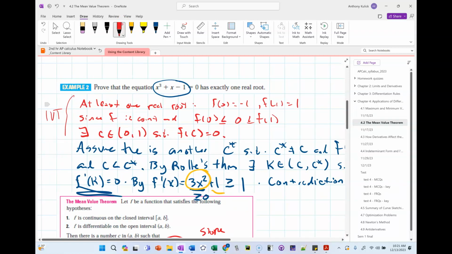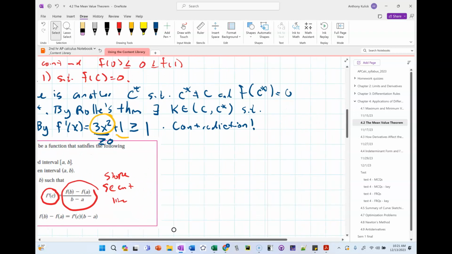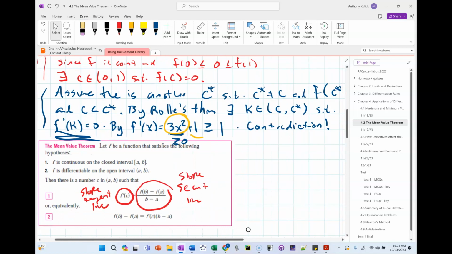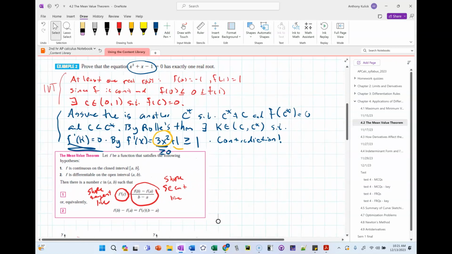So that was IVT, right? And then we assume that there's a second solution, some C star, and without loss of generality, we'll assume that C star is bigger than C. It doesn't matter.